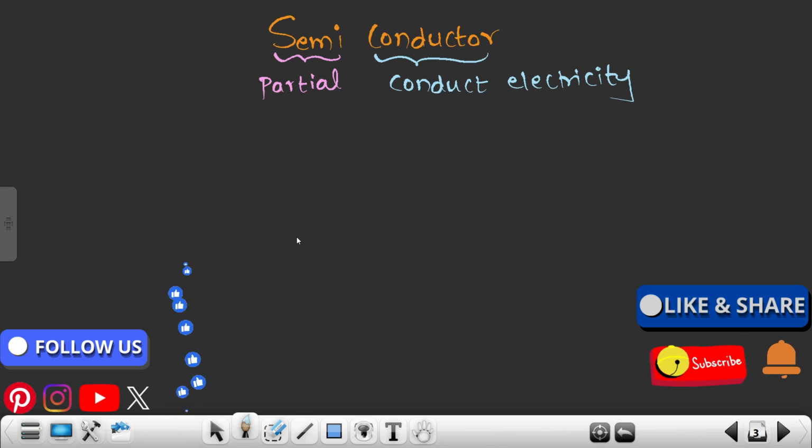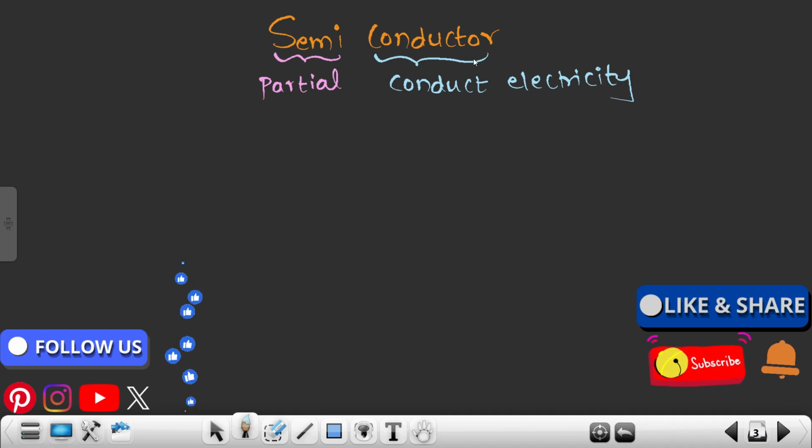So what does that mean? Basically a semiconductor is a device which can partially act as a conductor and, at the same time, partially act as an insulator. I hope you are getting my point. See what I did: I wrote this word semiconductor and broke it into two parts, semi and conductor. Semi means partial, and conductor means it can conduct electricity.